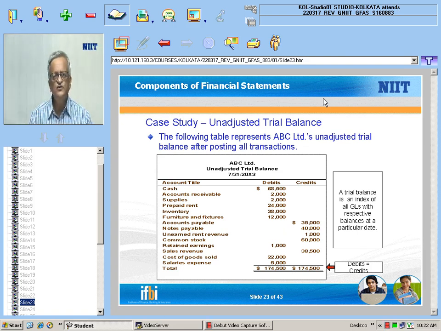Then we are going to compare with the adjusted trial balance and see what the new items are.